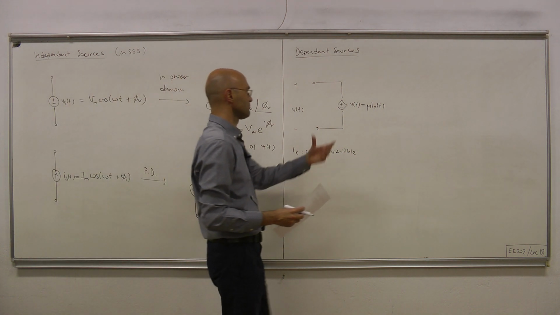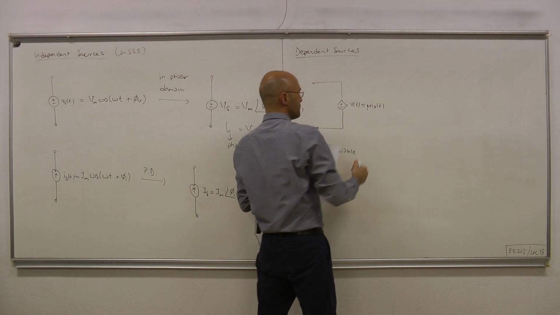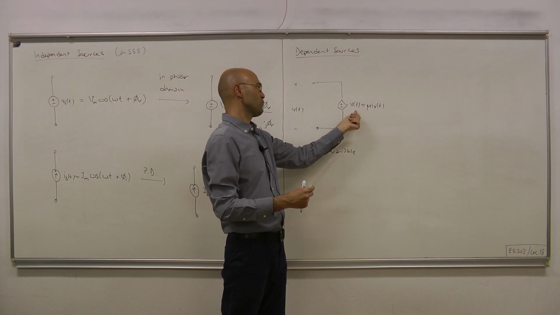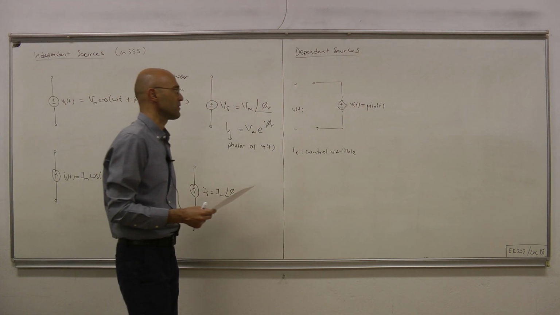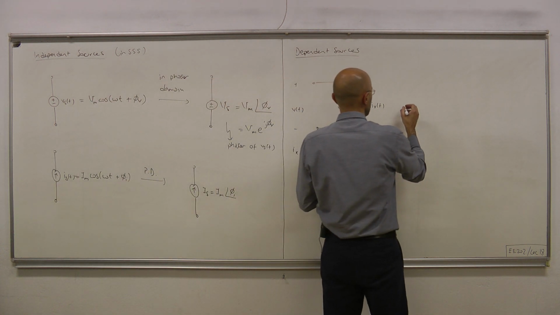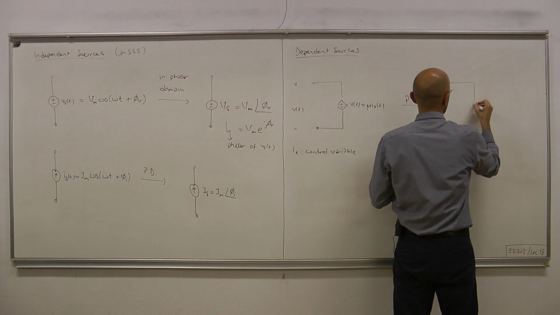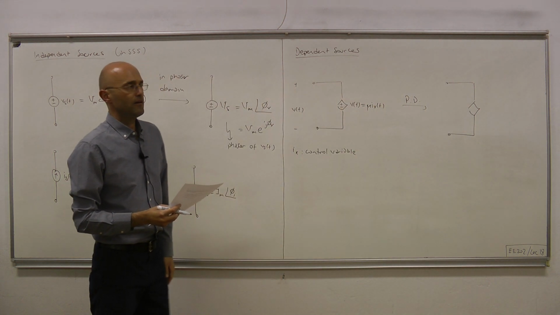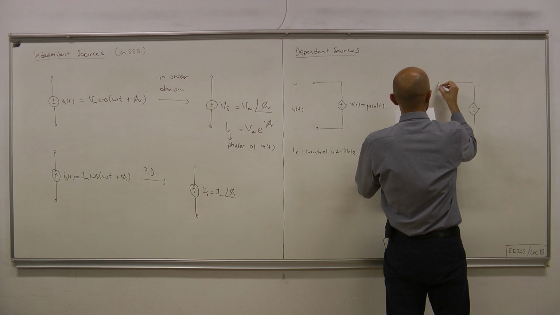In phasor domain, it directly follows from the definition that the phasor of this voltage equals this constant mu times the phasor of the control current. It's just like the LTI resistor that we have studied recently. So in phasor domain, the terminal equation is carried in the same form.